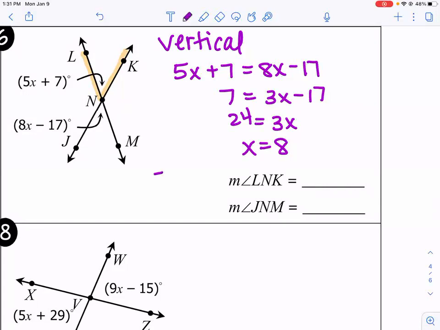If I plug in 8 to 5x plus 7, that's 47 degrees. And then this angle is JNM. Hey, guess what? That's the vertical angle. It should also be 47 degrees.